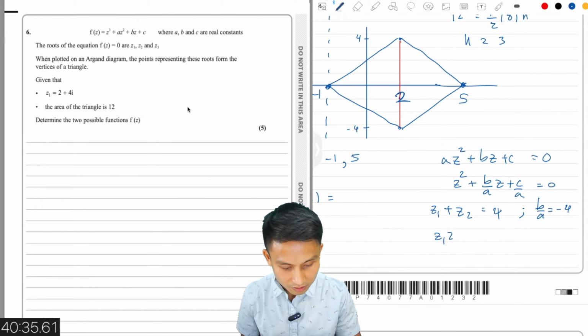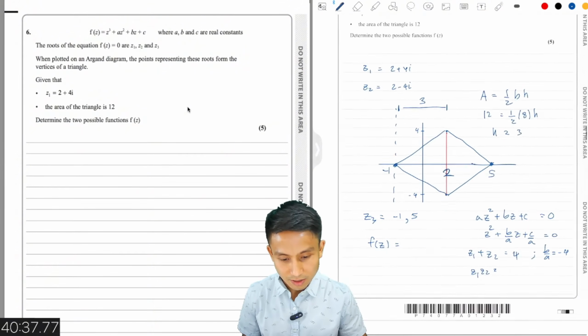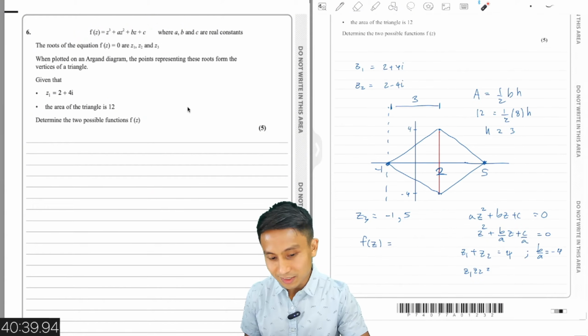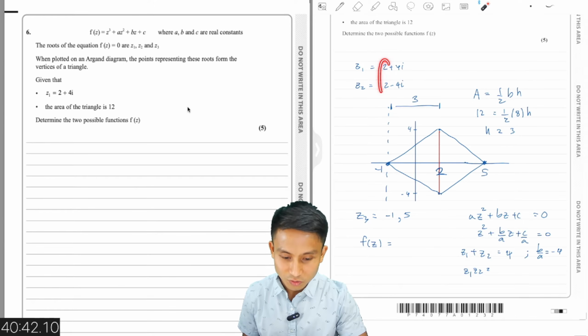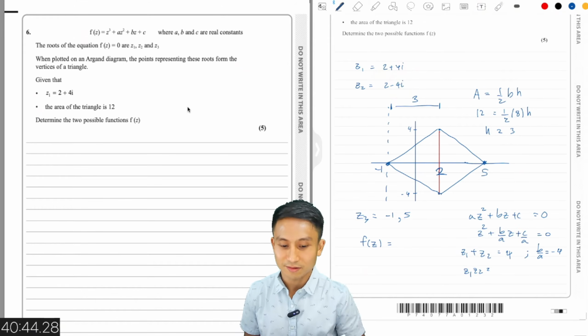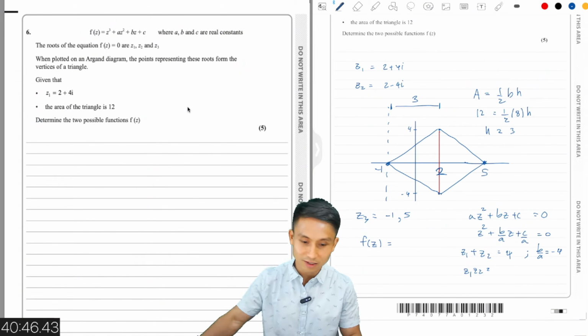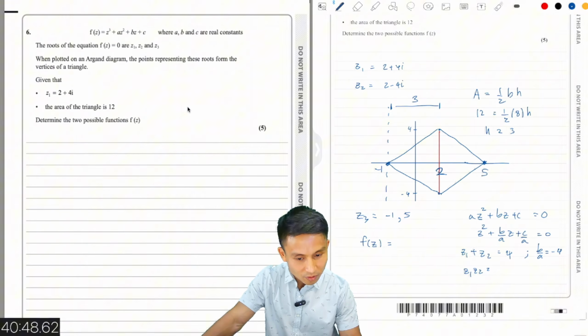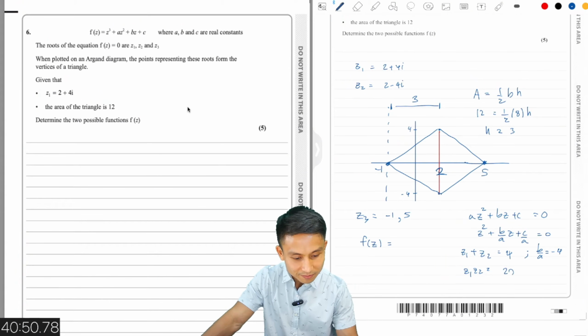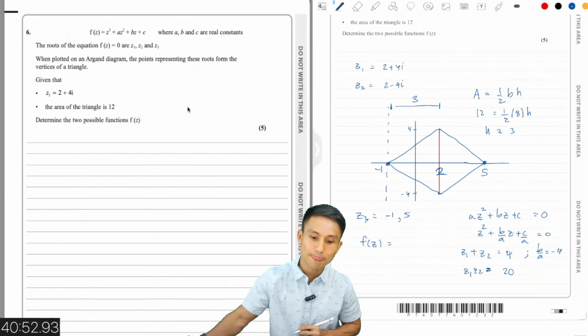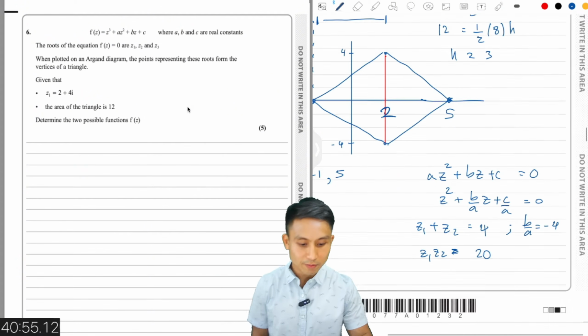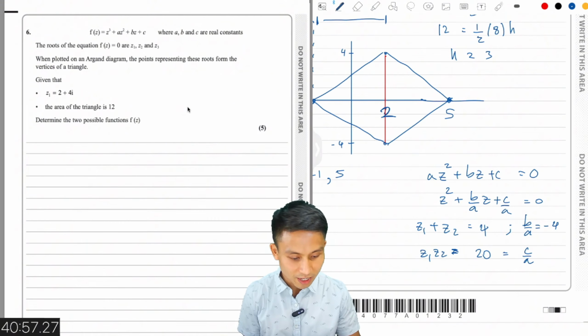And if you do z1 z2, what do you get? Well, just multiply them out, right? These are conjugates, so it's just 2 squared plus 4 squared, because the squares always add up there. So 2 squared is 4, 4 squared is 16, so that's 20.